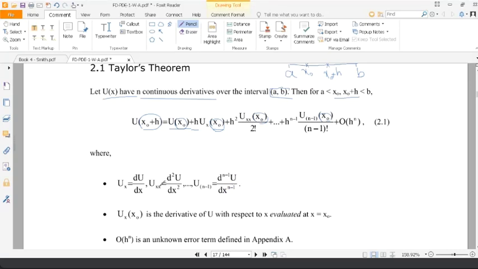Why are all of them ordinary derivatives, not partial derivatives? Why is u_x an ordinary derivative, not a partial derivative? What is your answer?